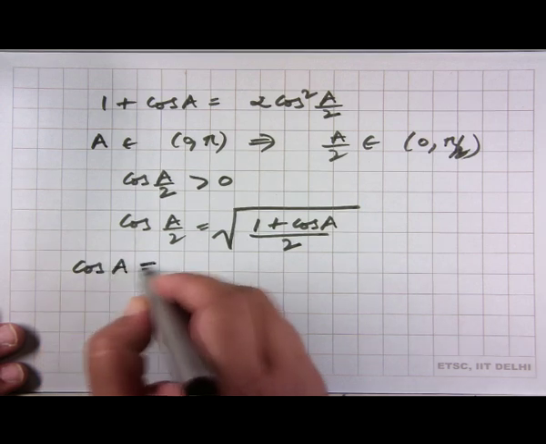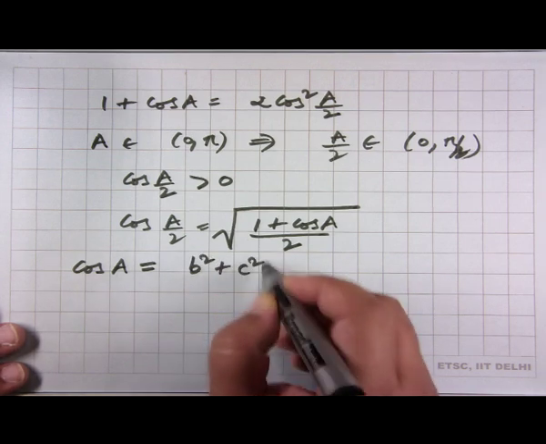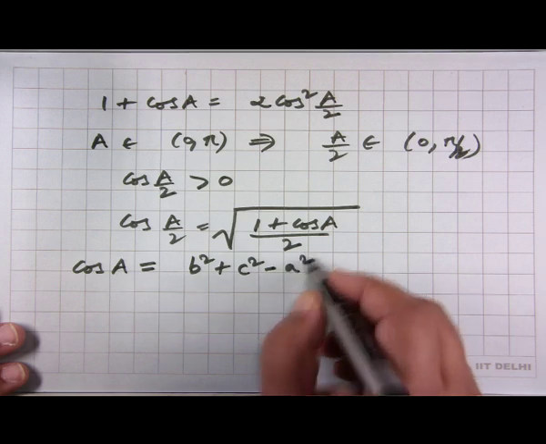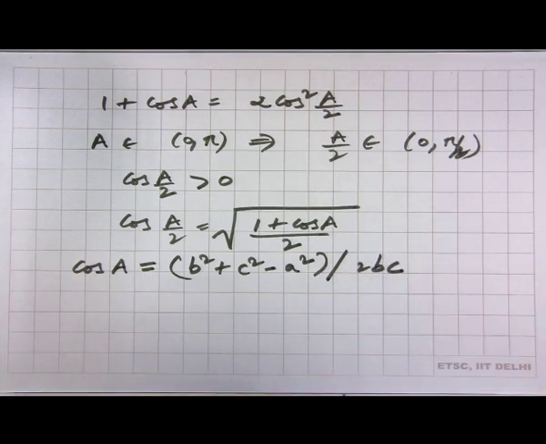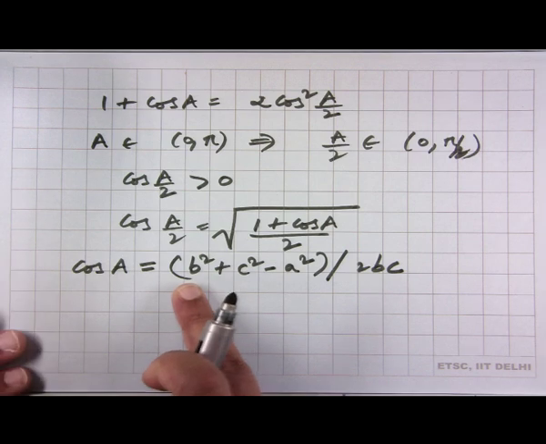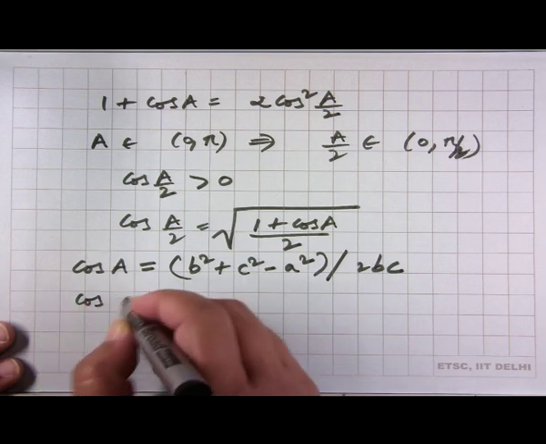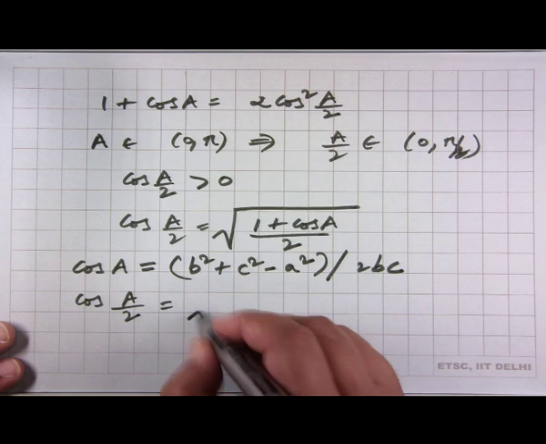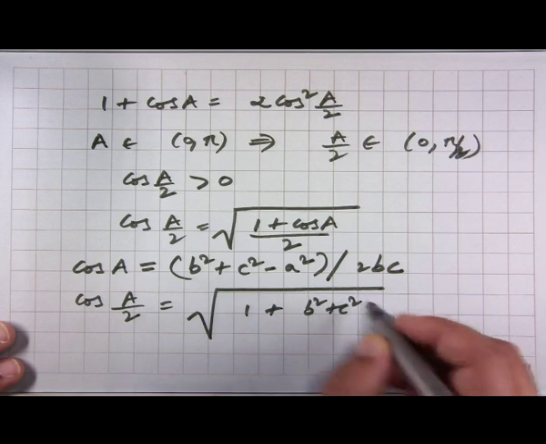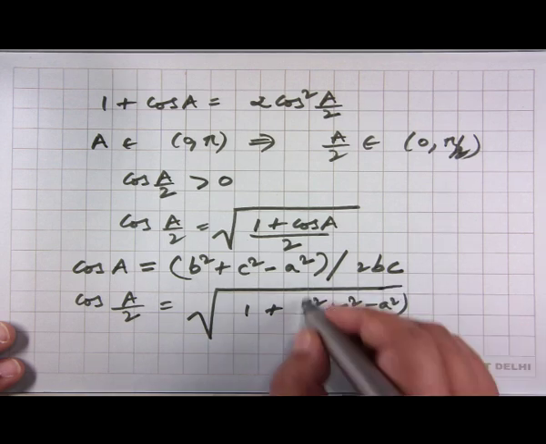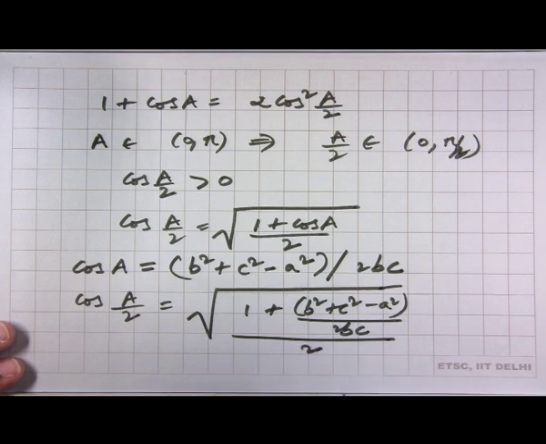From the cosine law we know that cos A is equal to (b square plus c square minus a square) divided by 2bc. If we substitute this right hand side into the expression, we get that cos A by 2 is the square root of (1 plus (b square plus c square minus a square over 2bc)), everything divided by 2.